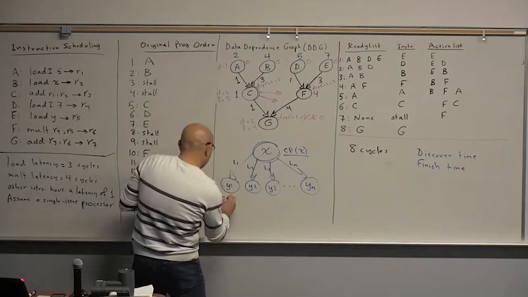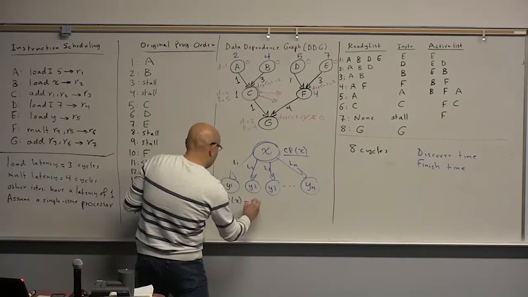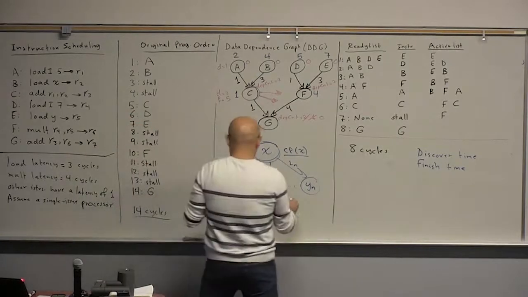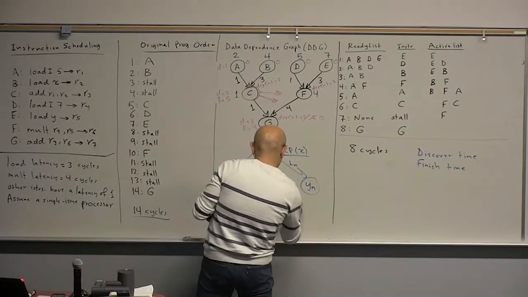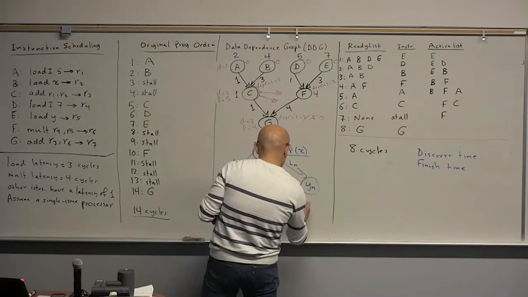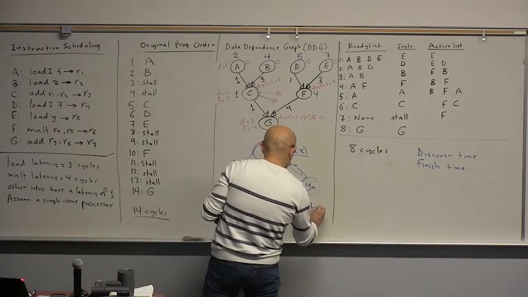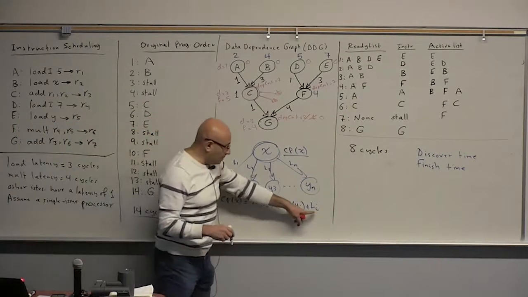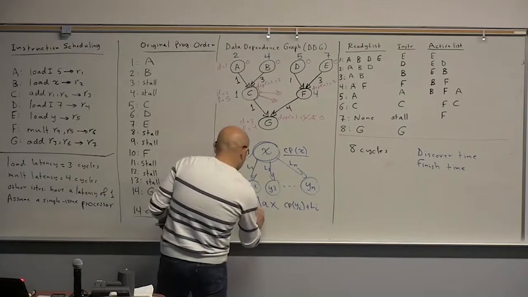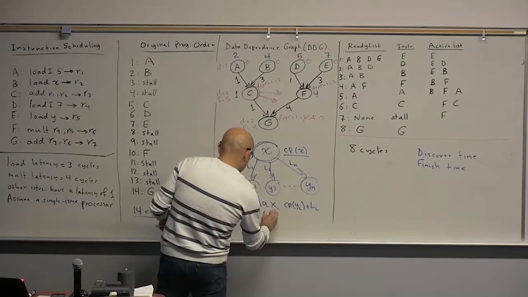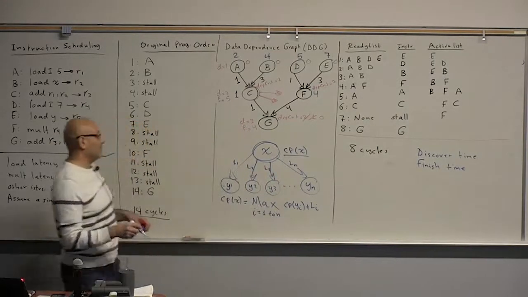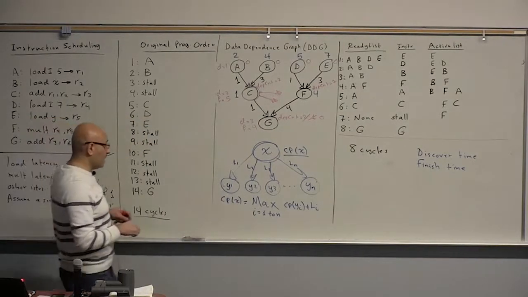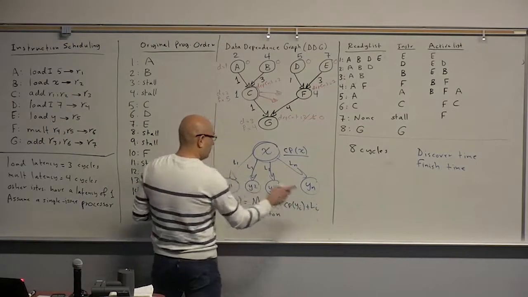So the critical path of X is going to be equal to the maximum of the critical path of Y sub i plus L sub i, where i equals 1 to n. So going through all of them, for each one you look at its critical path and the latency.